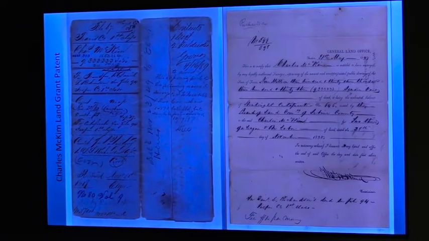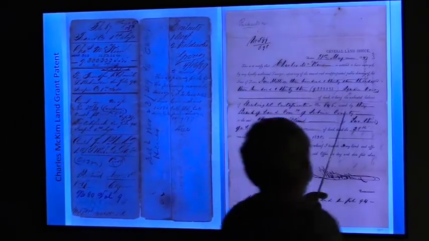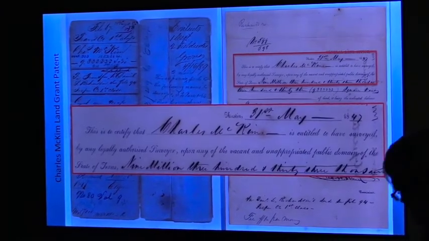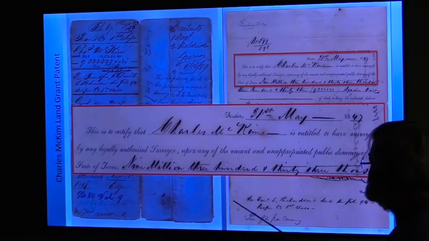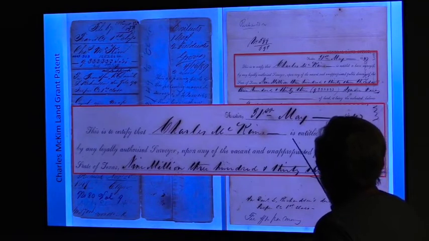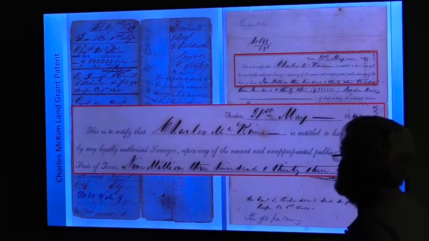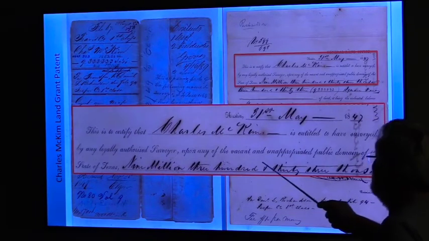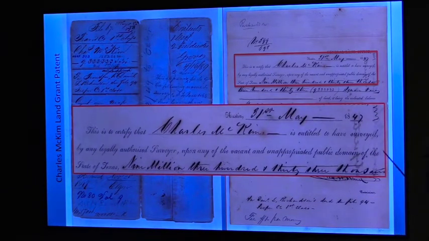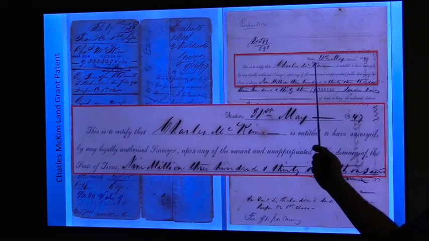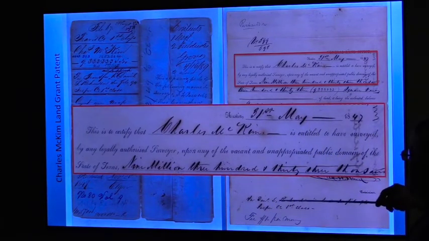This one is for Mr. Charles McKim, May of 47. I'll zoom up on that for you. And his right was, he is entitled to have surveyed by any legally authorized surveyor upon any vacant and unappropriated public domain of, in this case, the state of Texas, because by 47 it was the state, not the republic.